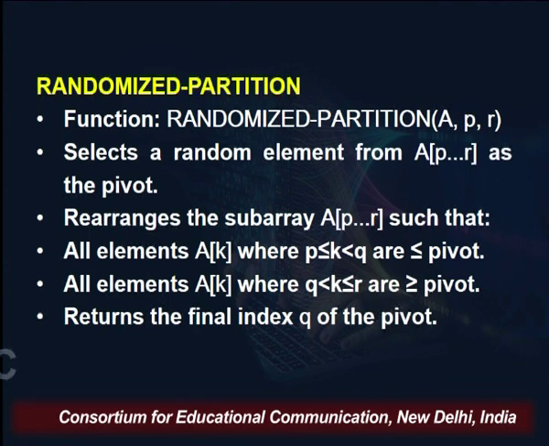Randomized partition A, p, r selects a random element from A[p..r] as the pivot, and we need to rearrange A[p..r] such that all the elements A[k], where k is between p and q, are less than the pivot, and all the elements A[k], where k is ranging from q to r, are greater than the pivot, and finally we return the final index q of the pivot.